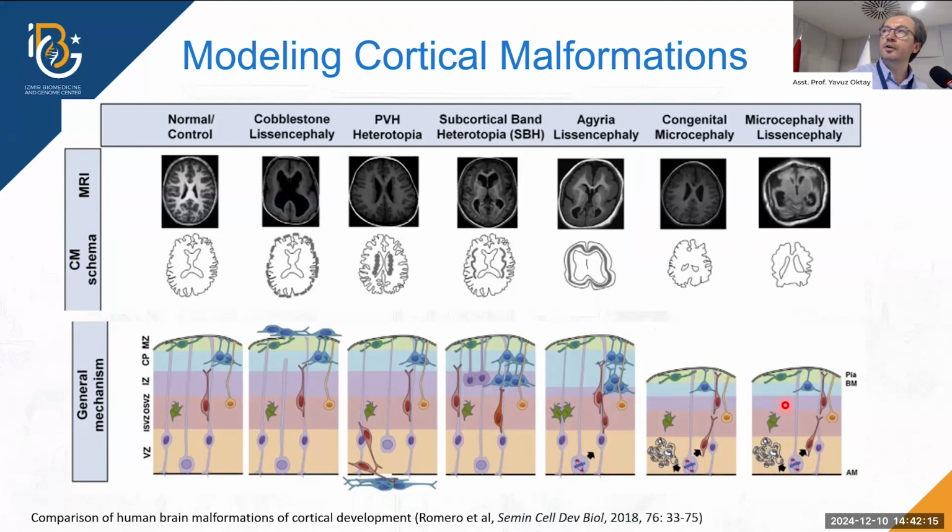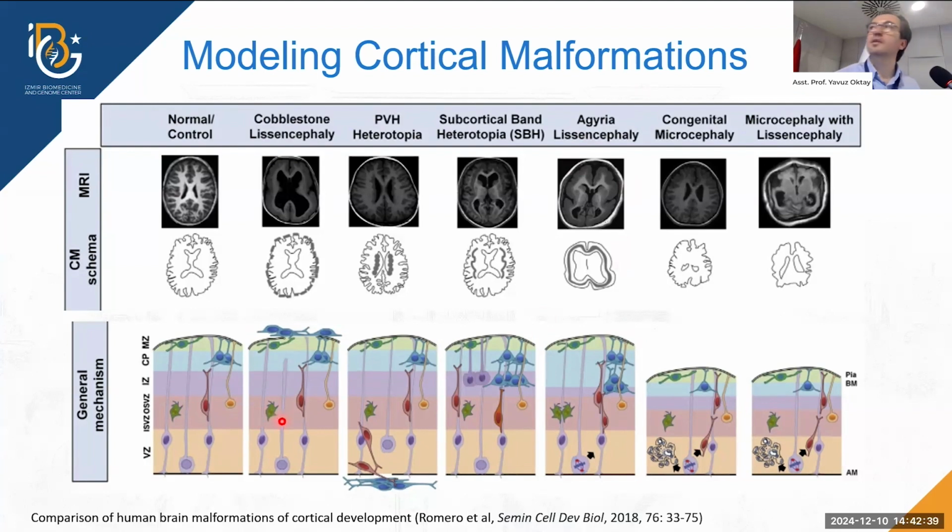We are working with Genç, Pınar and Semra again on cortical malformations, pediatric cortical malformation, and especially the lissencephaly type. So cortical development is a highly regulated process, and this relies heavily on neuronal migration and cell division.